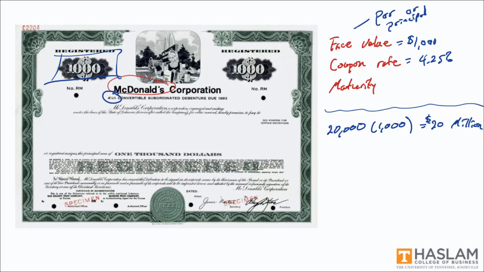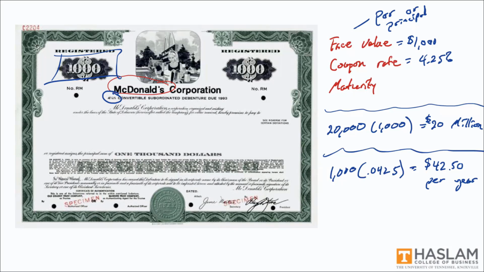And so what does that mean? Well, it means each bond will generate a payment of $42.50 per year.